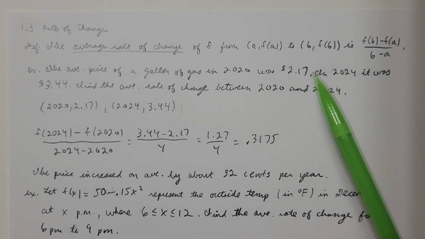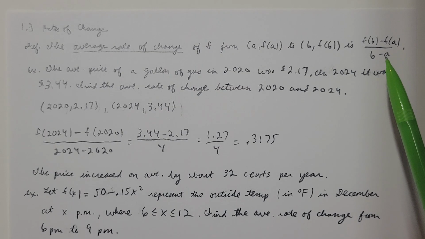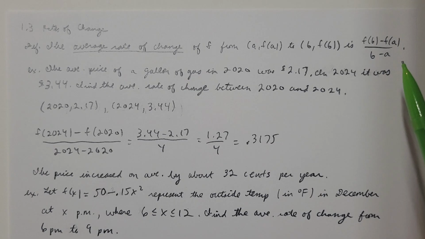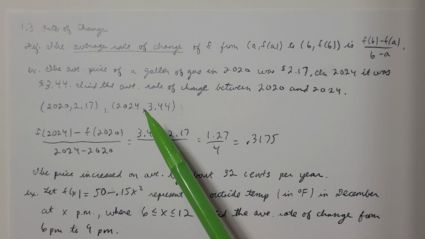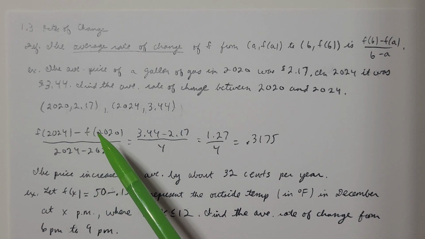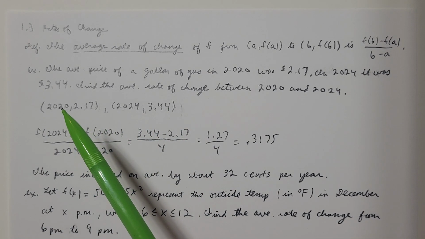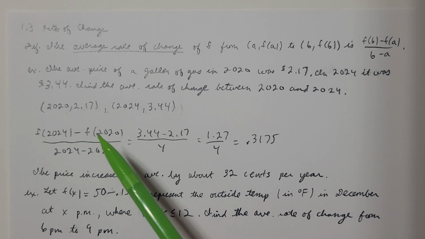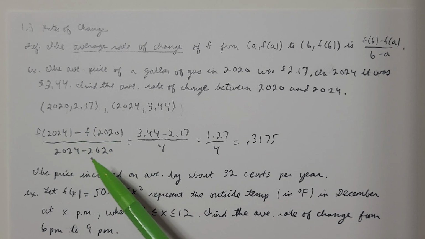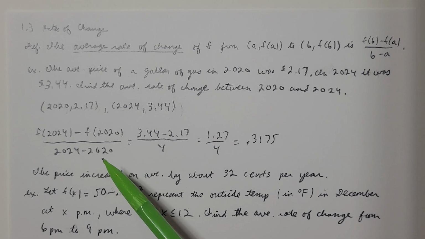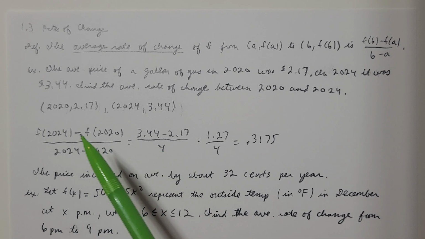Okay, and I'm going to use the formula for the average rate of change. So f of b is f of 2024 minus f of a, which is 2020, divided by b minus a, 2024 minus 2020. 2024 minus 2020, that's 4, okay?